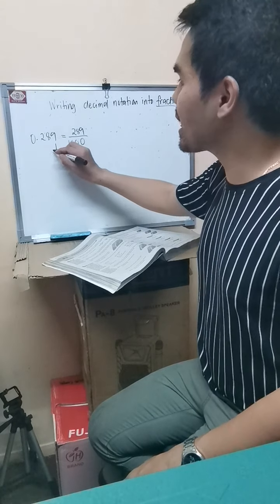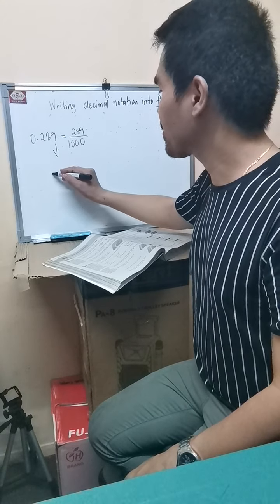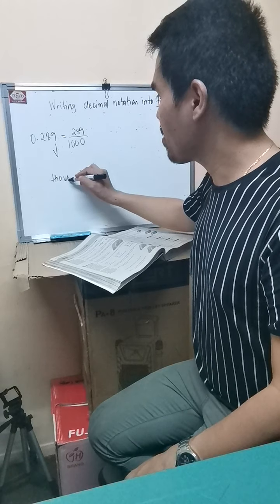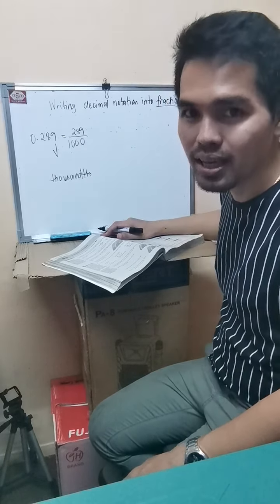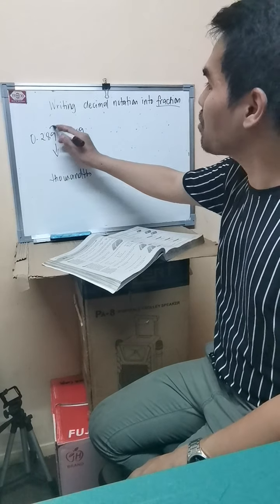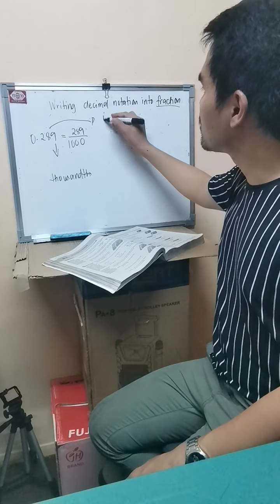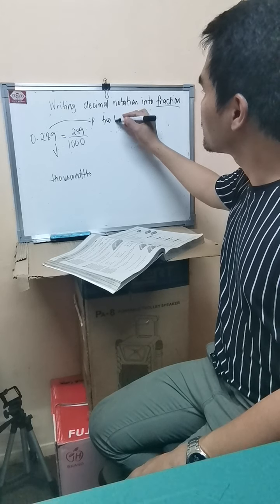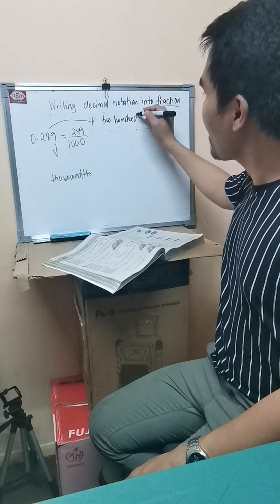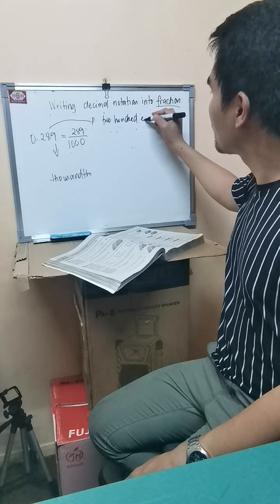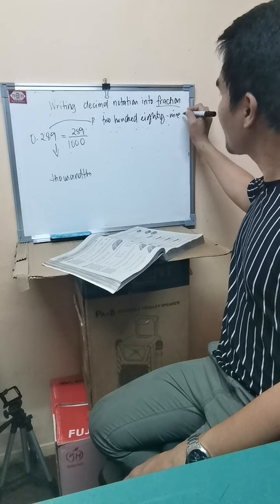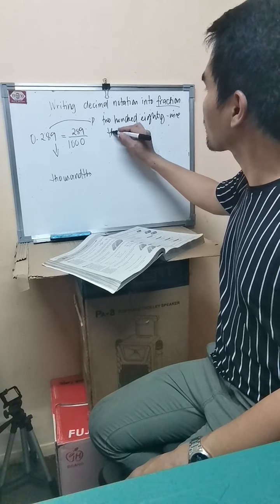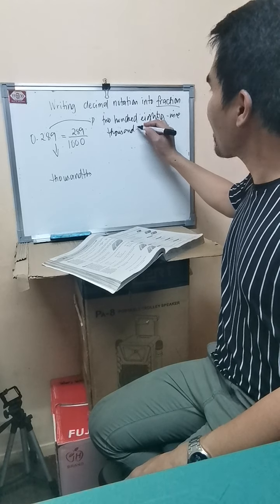Because remember, 9 here is in the thousands place. Thousands. Okay? So if we write this one in word form, we know that this is 289,000.